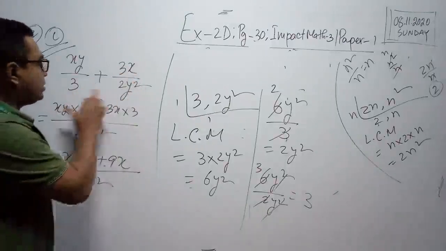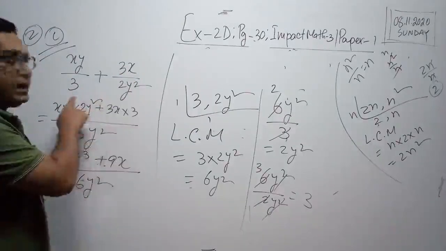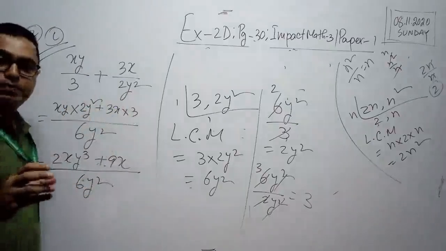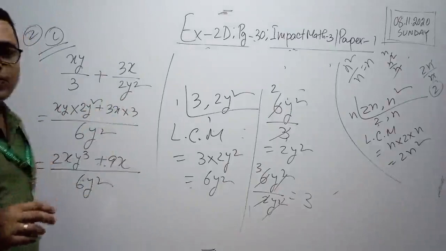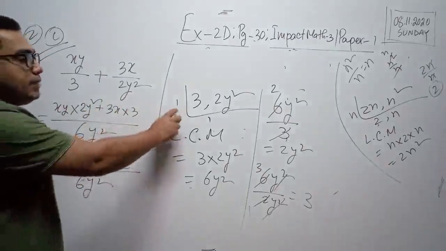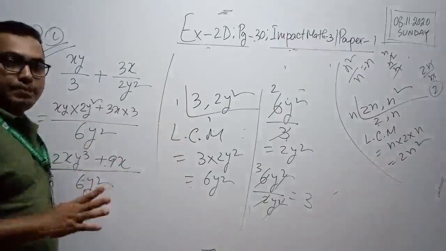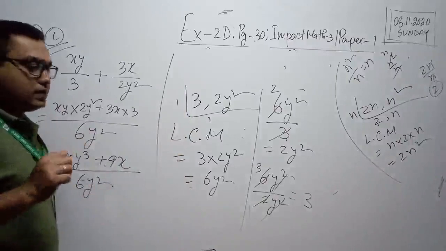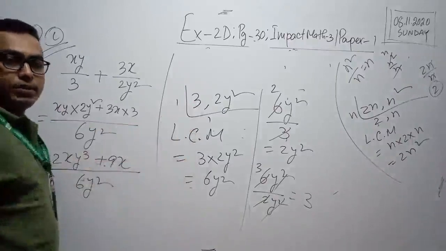Here the denominators are 3 and 2y square. We have to find the LCM of 3 and 2y square. If you want to make the LCM, first of all try to find the common terms between them. Here the common term is only 1. That is the common factor. So 1 and the other numbers are uncommon.